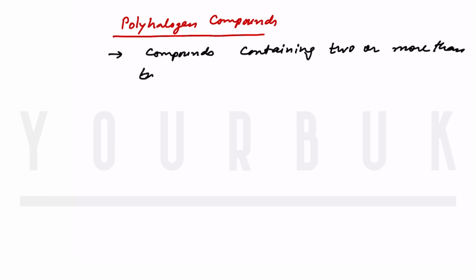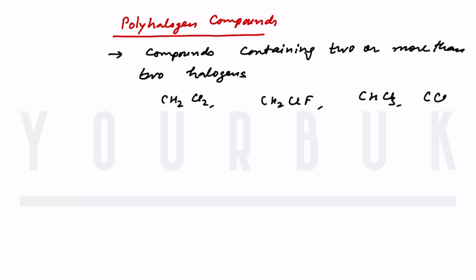For example, we have CH2Cl2, CH2ClF, we can have CHCl3, we can have CCl4. So these are some examples of polyhalogen compounds.